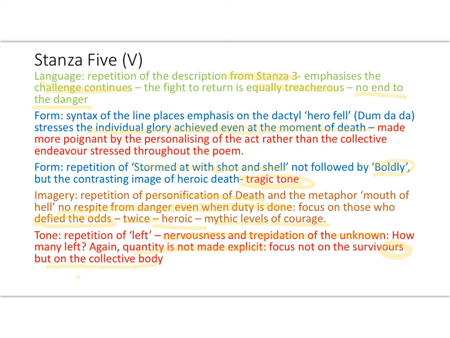It's made a bit more poignant by the fact that it's not heroes but hero, so it gives you the idea that this collective body was made up of individual heroes. So by personalizing the act rather than looking at it collectively, it lets us know that this group of 600 that has always been seen as a collective spirit of bravery and courage was made up of individual men doing their duty.